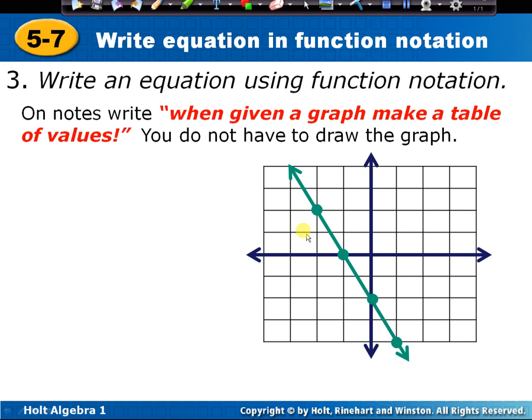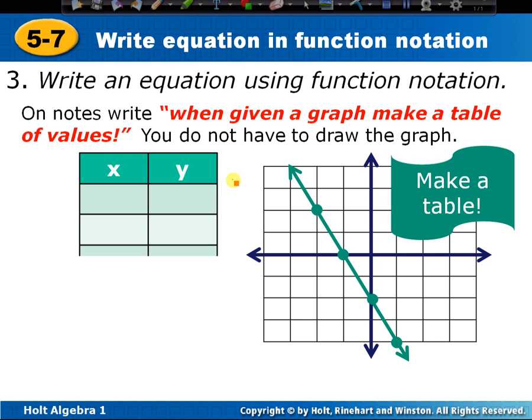All right, so what I'm going to do is I'm going to pick the points off of this graph, and I'm going to make a table with them. So I'm going to make my x and y table, and I'm going to pick my points off. This point right here is -2, 2. This one is -1, 0.